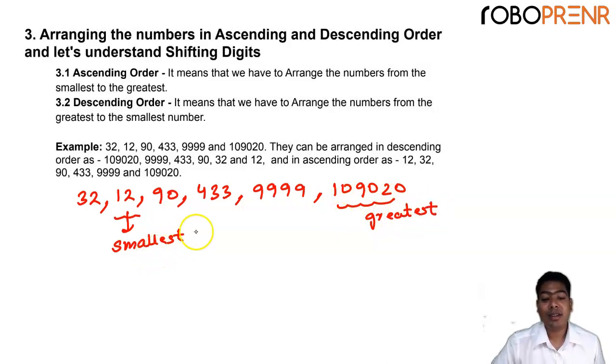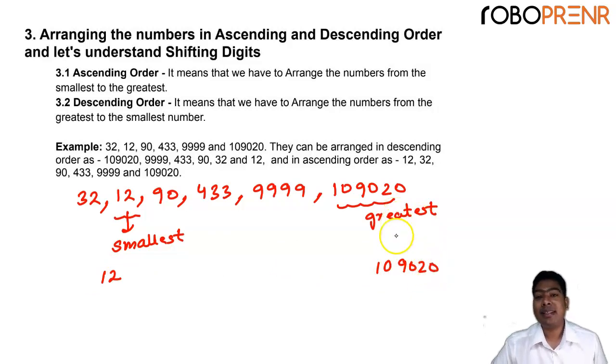Now from the smallest to the greatest, we have to write all the numbers. Let's write the smallest number and the greatest number, and in between we have to put all the other numbers. After 12, which is the smallest? 32 is the smallest, so we'll place 32 over here.